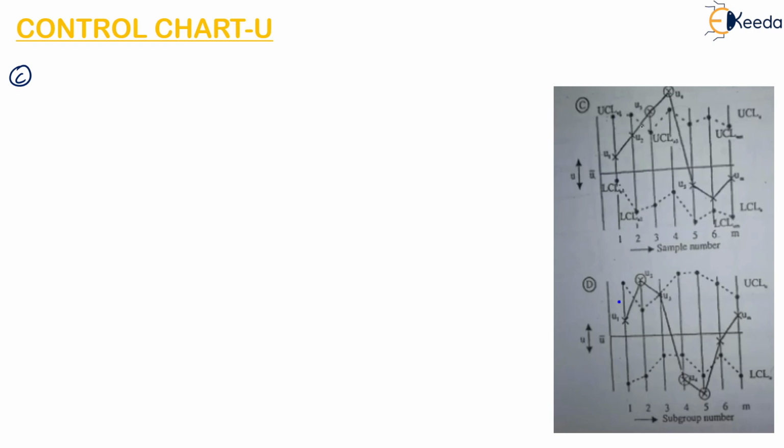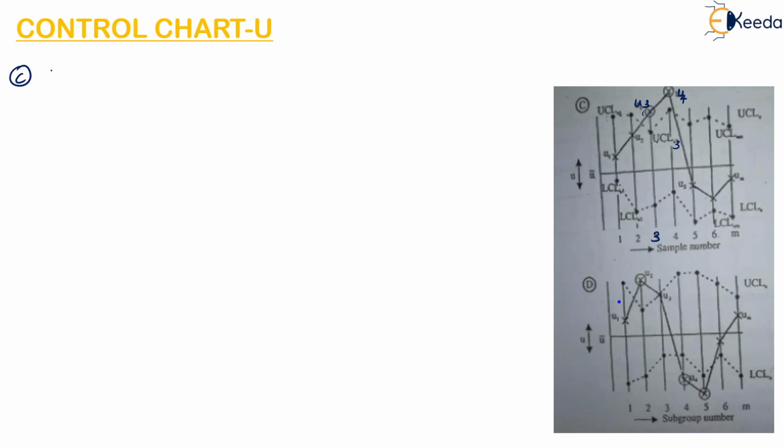So for that corresponding subgroup, that is 3, the U value is crossing the upper control limit. For the third sample, we can see that the U value is above this control limit, as well as U4, that is the value of u for the fourth sample, is also crossing the upper control limit.